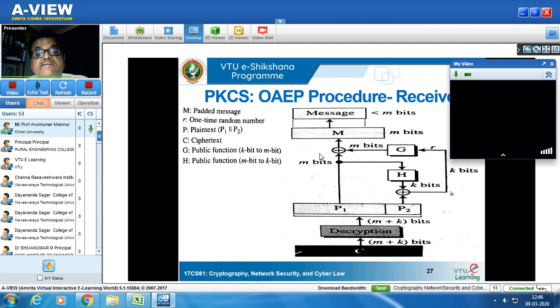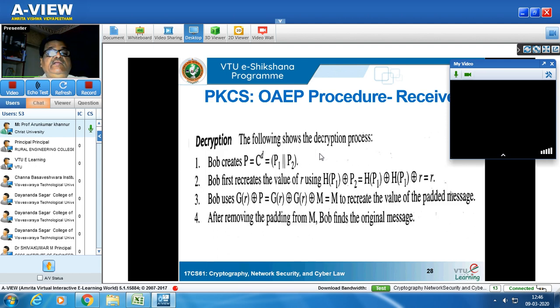So the P1 will be removed from the text, and P2 only will be considered. On that, we perform the reversal or inverse of the operation, and then we get the information. Then that information will be converted from digital form into the plain text form, and it will be provided to the receiver. This is the overall thing which will be happening here.